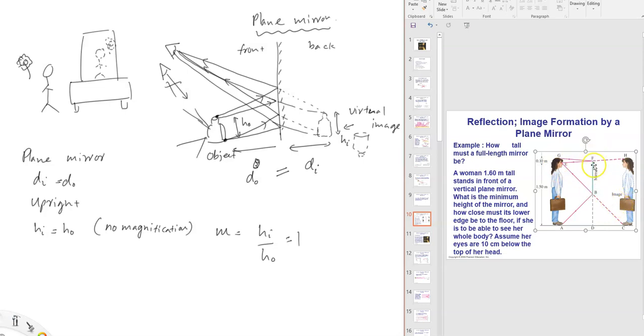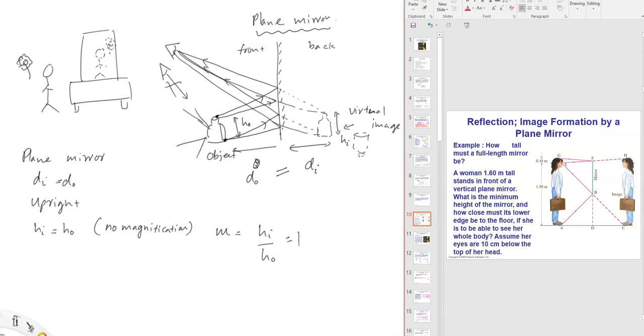What is the minimum length of the mirror? I mean, you can put a huge mirror and you'll be able to see the whole figure, right? But what is the minimum? How small can it be? And where should we put it? How high from the ground? Okay, so try the ray diagram. Try and see what you can come up with.